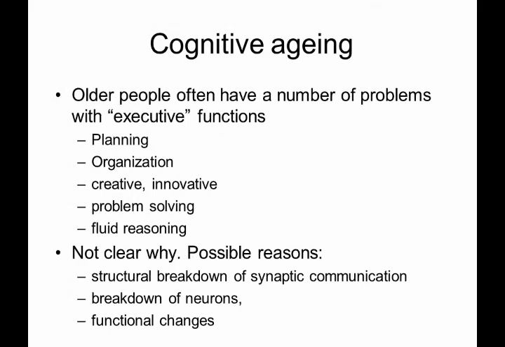Okay, one slide on cognitive aging, 2 slides in fact. Older people often have problems with executive functions, with planning, organization, creativity, innovation, problem solving and fluid reasoning.